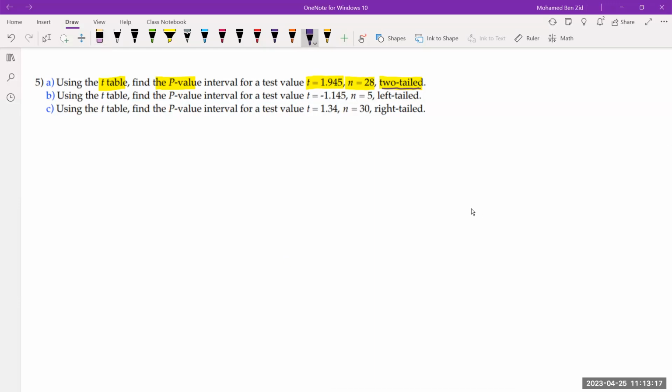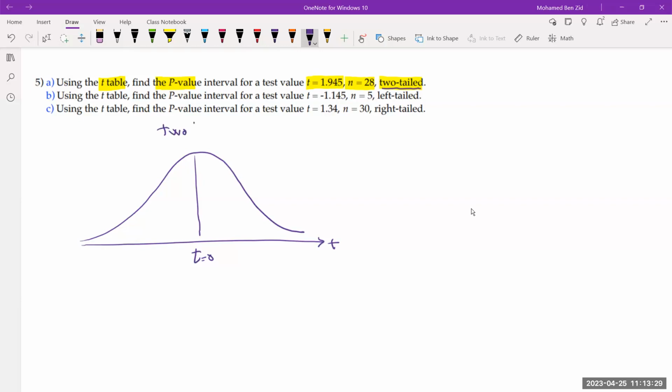All right, so this is my t distribution. And this is a 2-tailed, right? So now what happened is I'm going to locate 1.945.